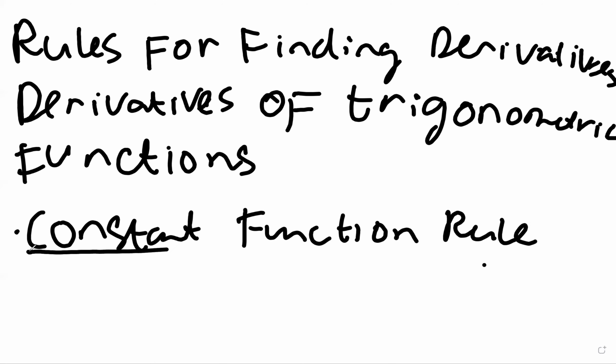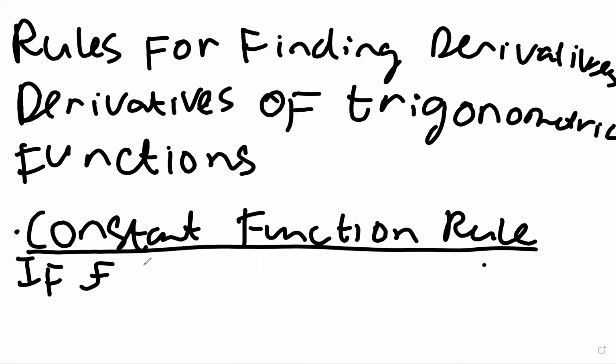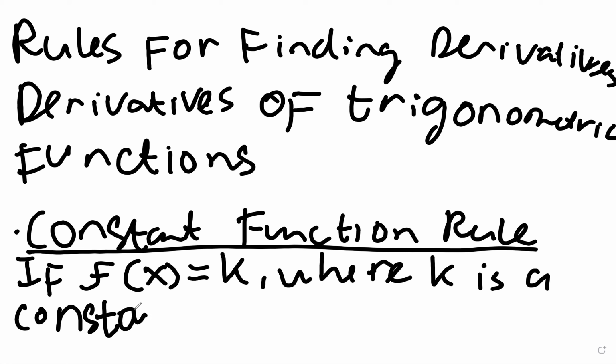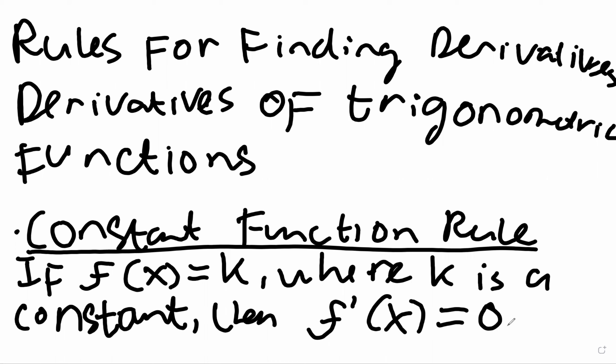In this case, if the function f is a constant, let's say f(x) equals k, where k is a constant, then f prime of x equals 0. So if f of x is a constant, then its derivative is always 0.